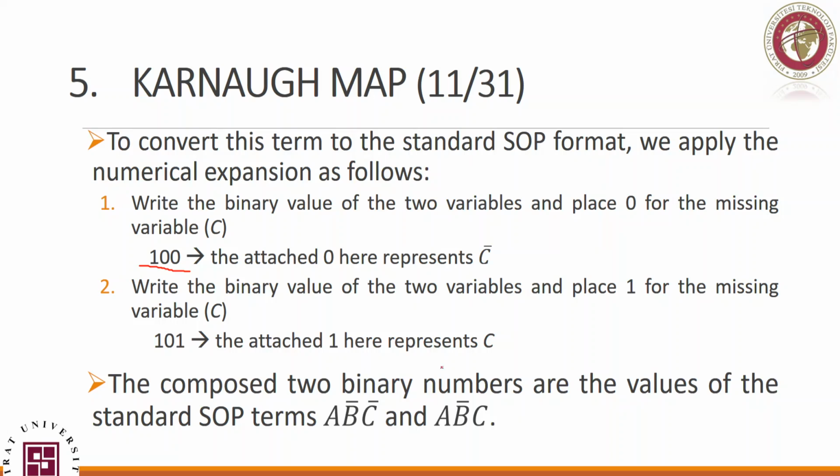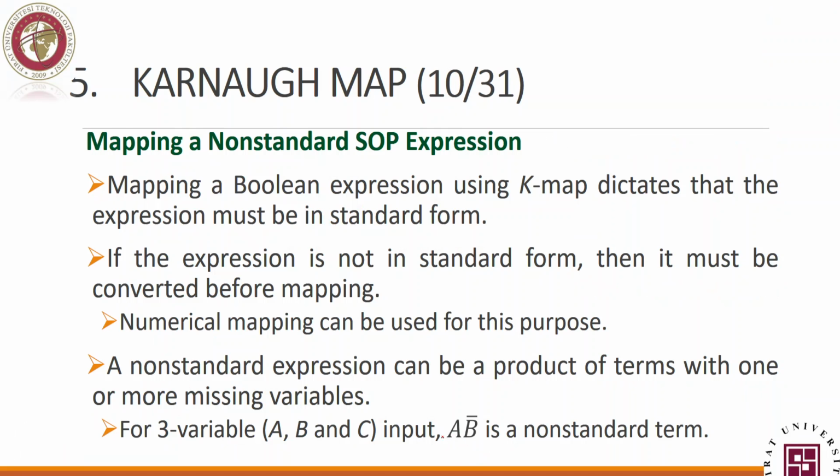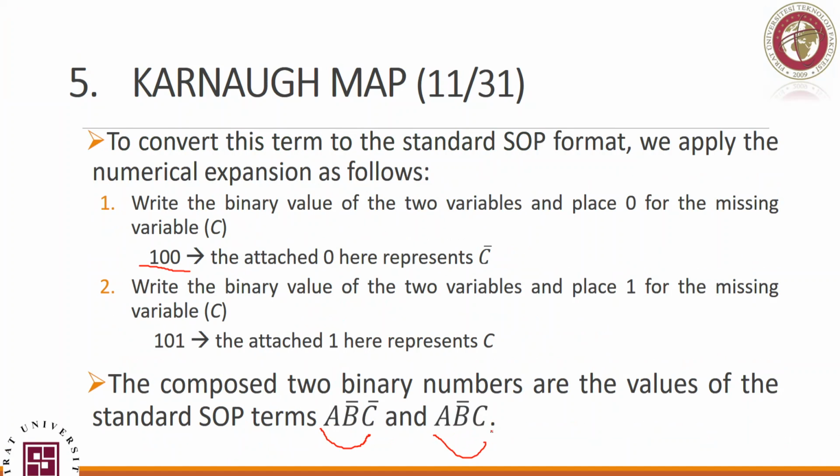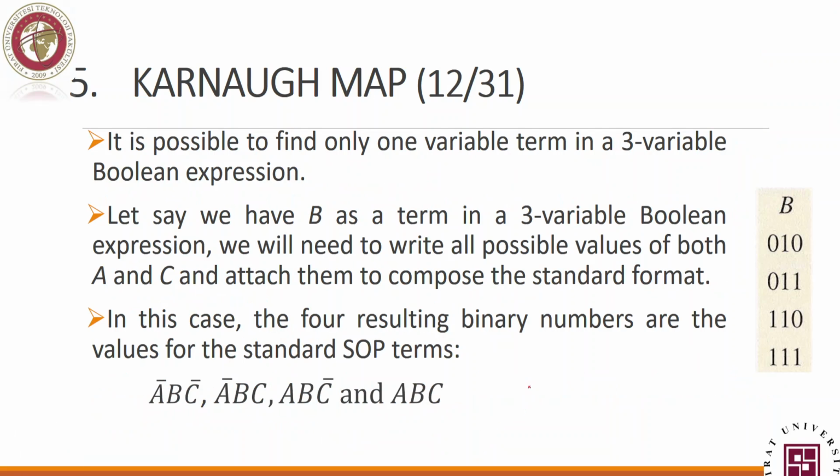And that takes you to the full version of the formula: A, B bar, C bar, or A, B bar, C. So you extended this one to these two, and that would be a standard SOP formula.